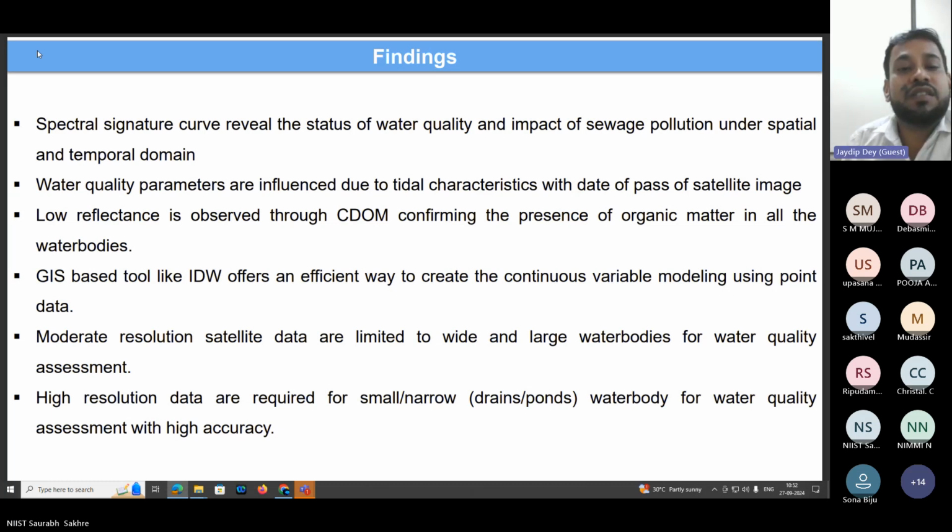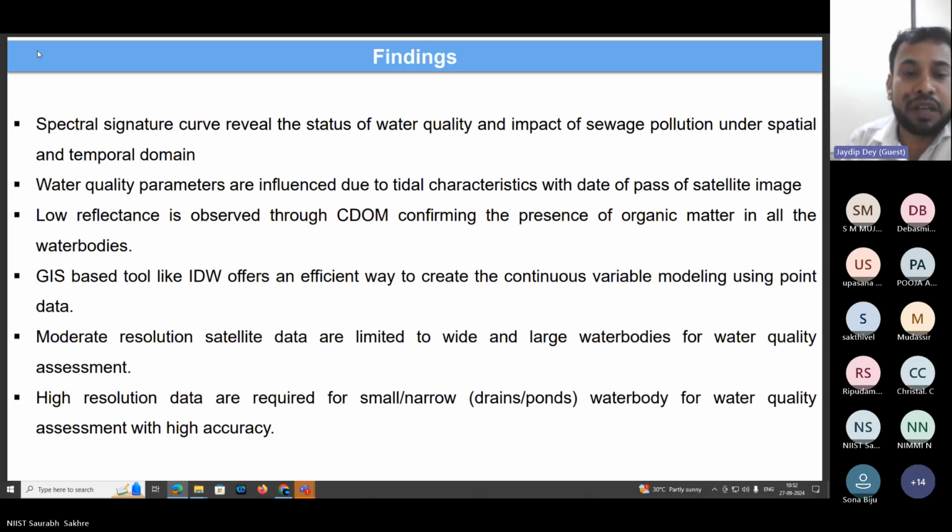The spectral signature curve reveals the status of water quality and impact of waste pollution in the spatial and temporal domain. Spatial means we can go for different scales, whether small scale, regional, or global, and temporal domain means we can do seasonal studies.